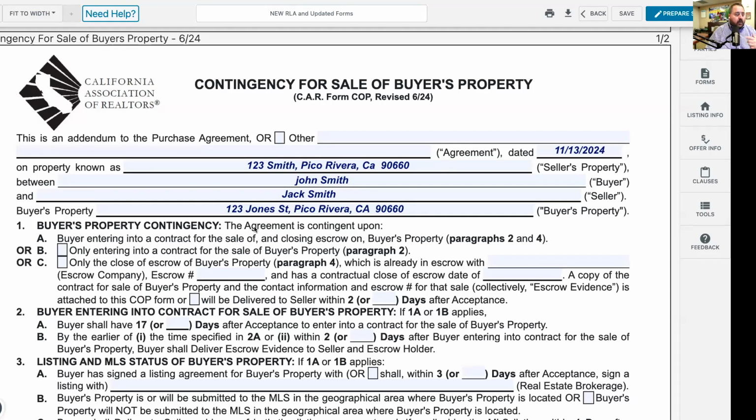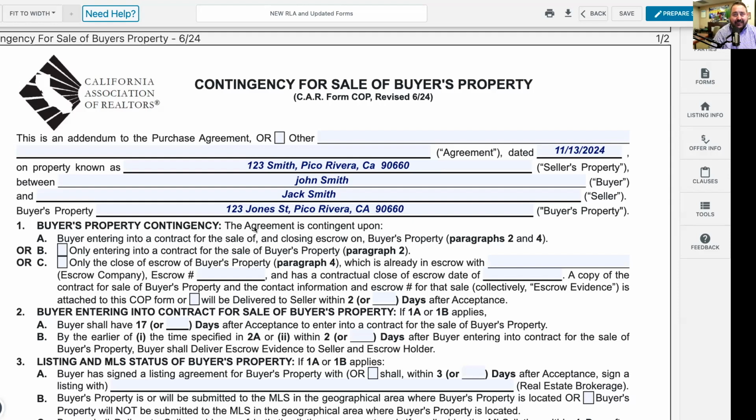Now, many of you have been with me on these classes a number of times, and you know my stance on it. The proper way for you to have a contingent buyer, meaning I have a buyer that needs to sell a property in order to purchase a property, you shouldn't.